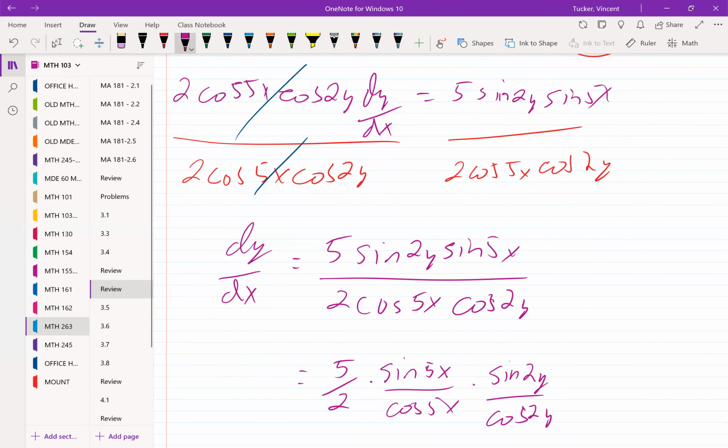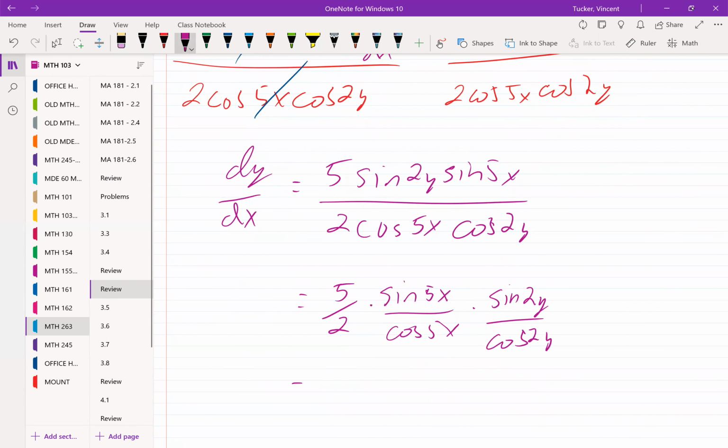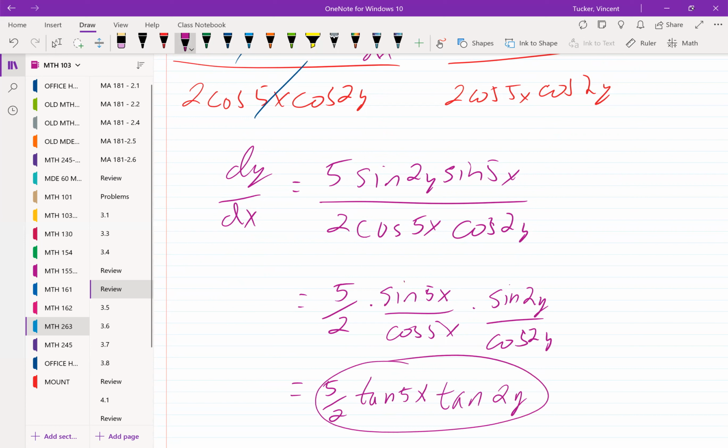So that's 5/2. Sine 5x over cosine 5x is tan 5x, and then sine 2y over cosine 2y is just tan 2y. And that's it, most simplified.